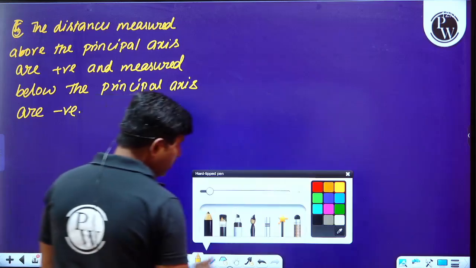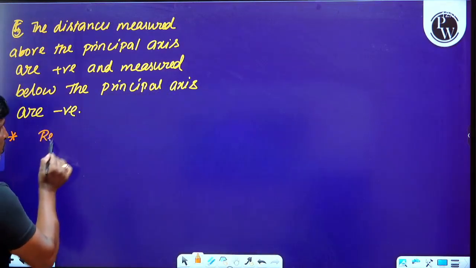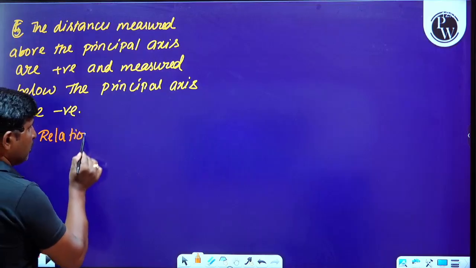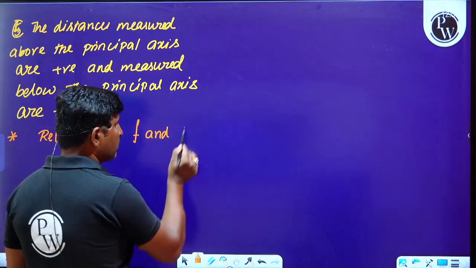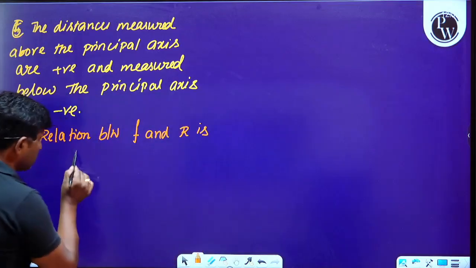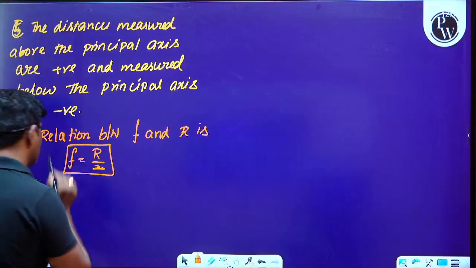Please keep this point here, and later we have to understand the relation between focal length and radius of curvature, which is given by f is equal to R by 2.